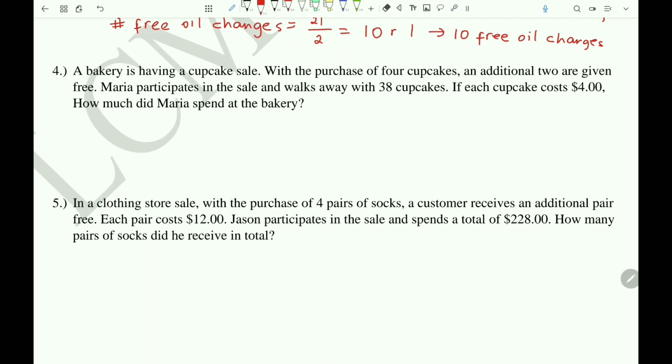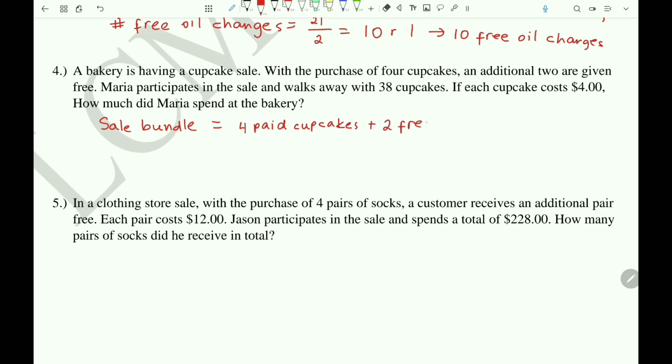So let's find out what our sale bundle is. From the question, it looks like our sale bundle is 4 cupcakes that you pay for and 2 cupcakes free. So 2 are given free. So we have 4 paid cupcakes and 2 free cupcakes.